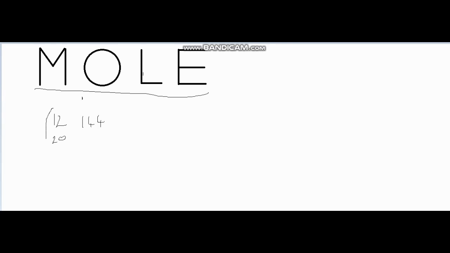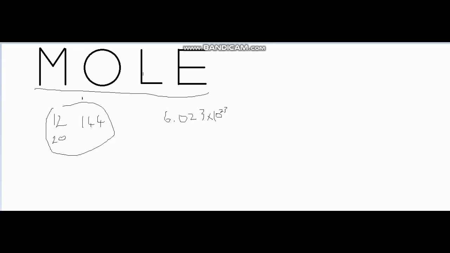Well, the number for a mole is 6.023 times 10 to the 23. And so a mole of anything, a mole of eggs, a mole of computers, a mole of anything contains 6.023 times 10 to the 23 of those.